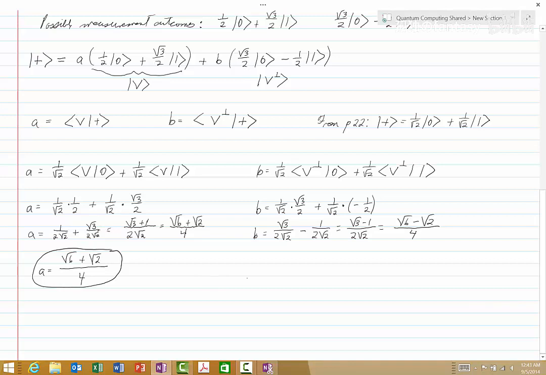So B is equal to square root of 6 minus square root of 2 over 4.